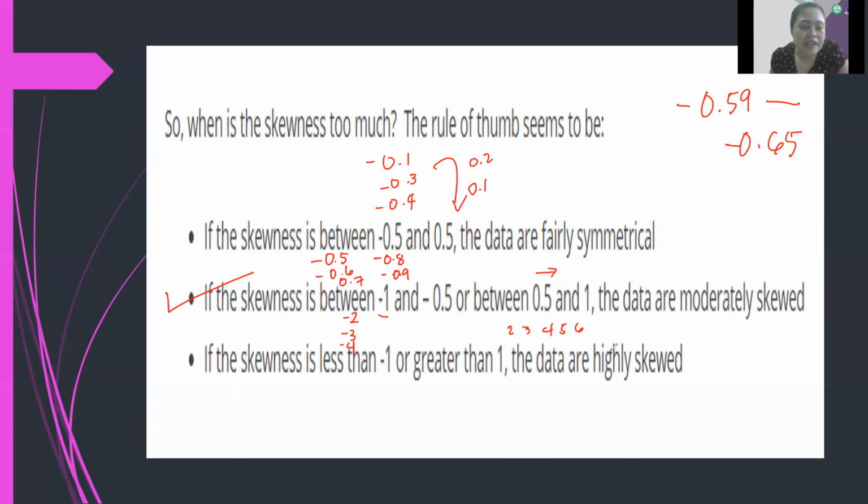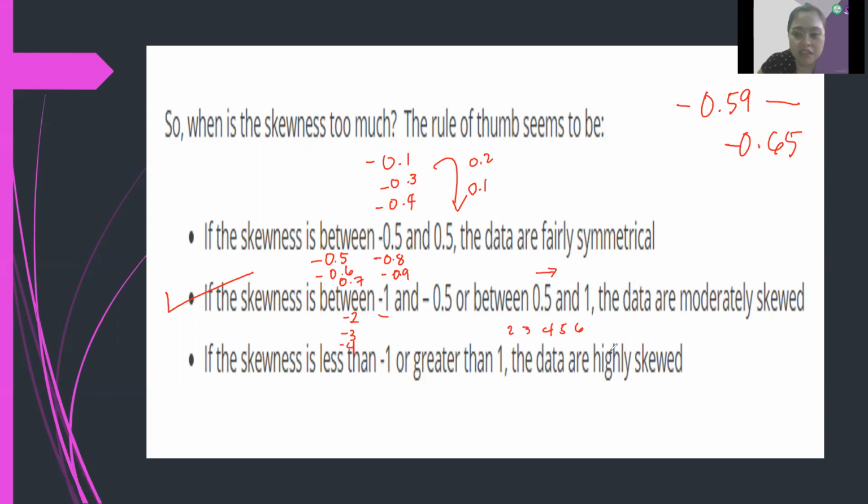Mode ang nagamit. That should be the median. MD there is the median. 3 times mean minus the median divided by the standard deviation. So you really have to get the correct mean, the correct median, and the correct standard deviation for you to get the correct skewness. Kasi pag namali na kayo dyan, mean, median, and standard deviation, mali din ang skewness ninyo.